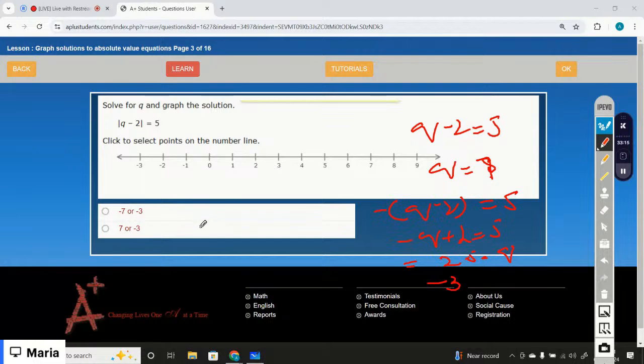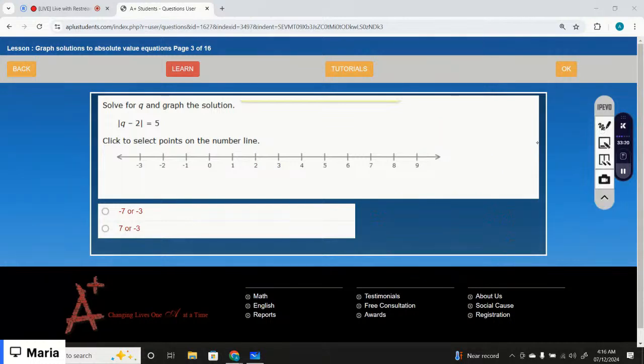Option number 2 is the correct option, that is 7 or negative 3.